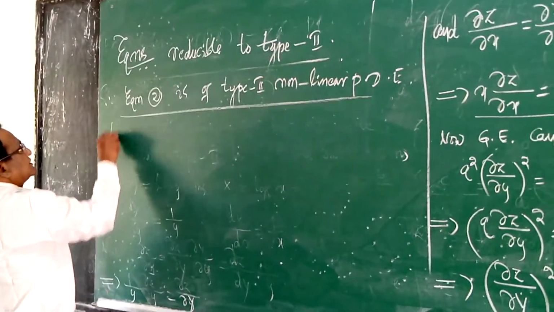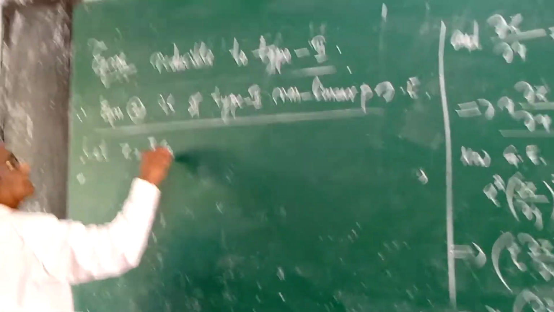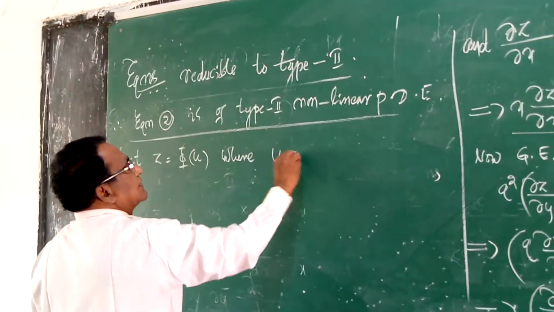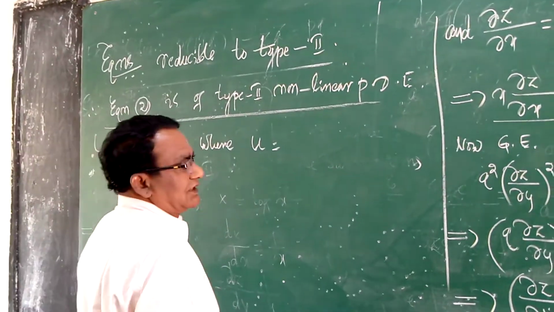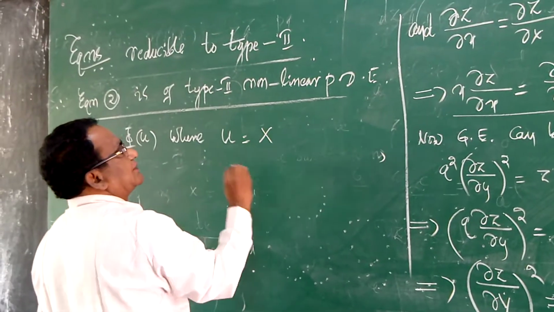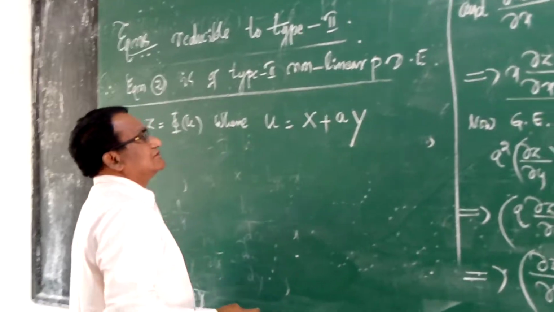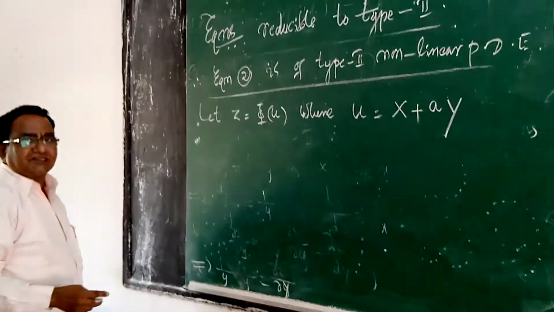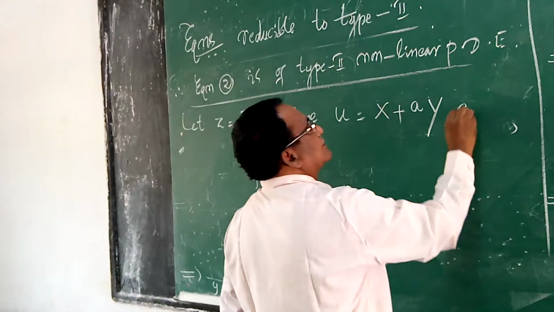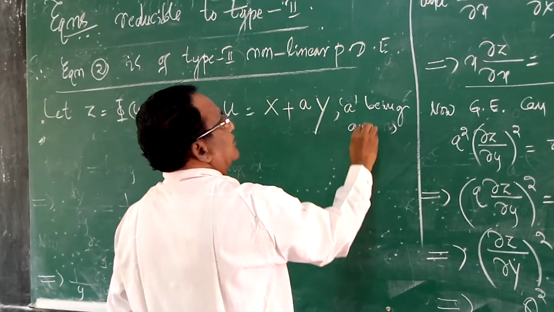For this, the same procedure we are going to adopt. Let z is equal to phi of u, where u is equal to capital X plus a into capital Y; of course, a being an arbitrary constant.